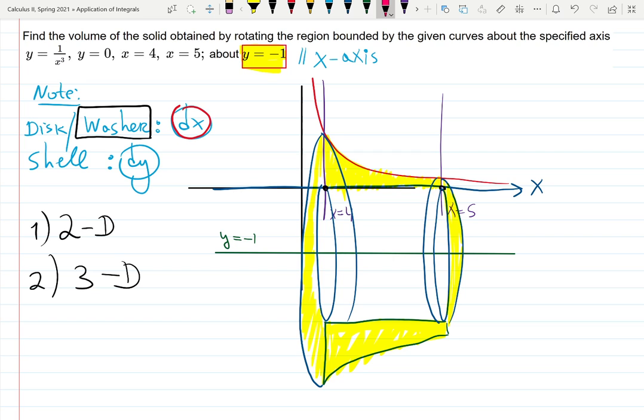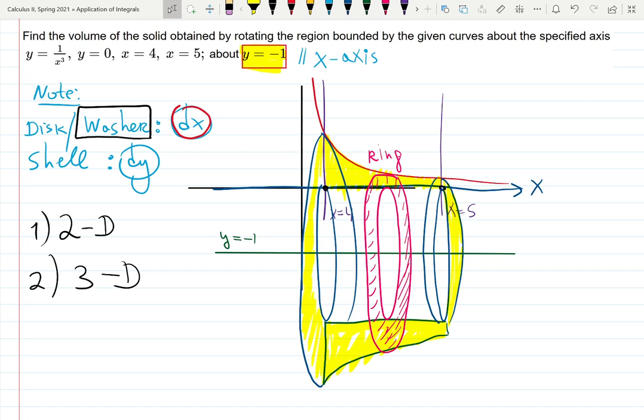When you create a sample slice, the sample disk will be like this. It will have an empty piece inside, but then something outside. So it's going to be a ring or a washer, right? That's how, first of all, you know it's the washer method, because it has some gap inside. And then in terms of dx or dy, you need to tell how you would know the thickness of this sample disk.